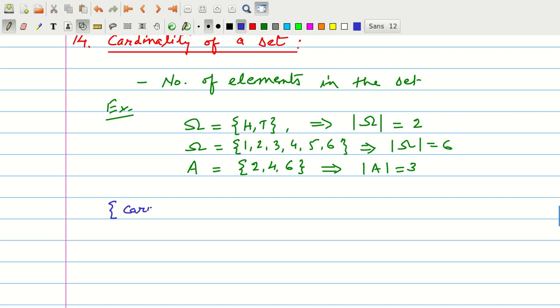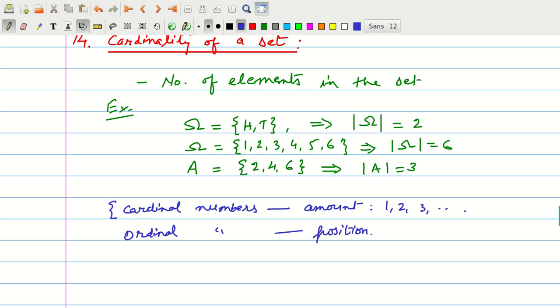So just remember, cardinal numbers are those which specify amount, such as 1, 2, 3 and so on, and ordinal numbers are those which specify position or a degree, such as first, second, third and so on.